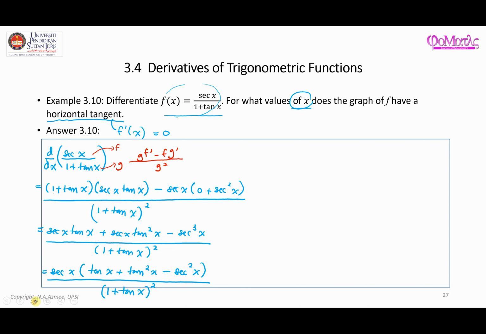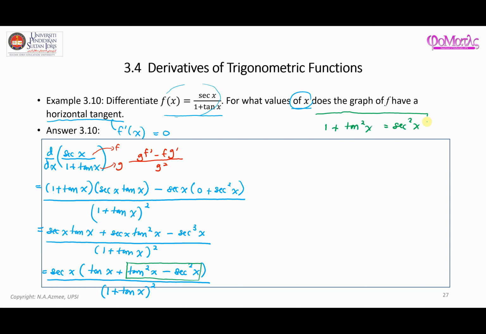Now I hope that you will be able to recognize this part. This is something that should be familiar to you if you remember the basic trigonometric identity, which is 1 plus tangent squared x is equal to secant squared x.